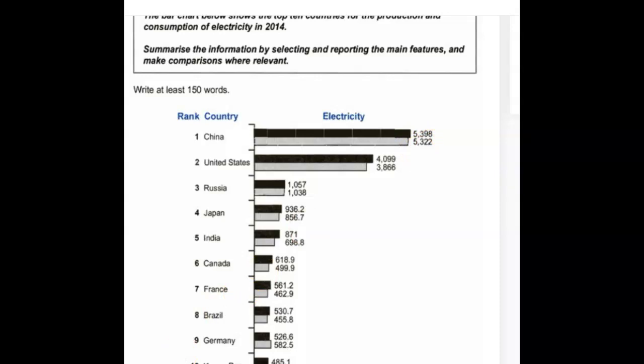Now, one thing that I want to mention is using things like second, third, fourth, and so forth. It's not always appropriate to use these expressions. Here, however, it absolutely is appropriate to refer to the second, third, and fourth because they've organized these countries in terms of rank. So you could say that second in terms of rank for both production and consumption was the United States.